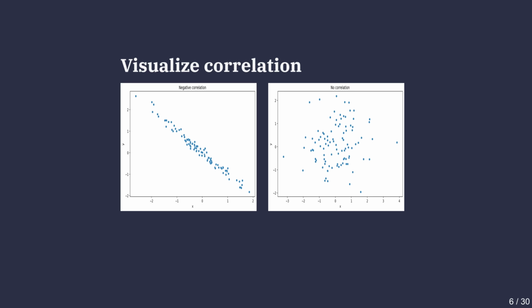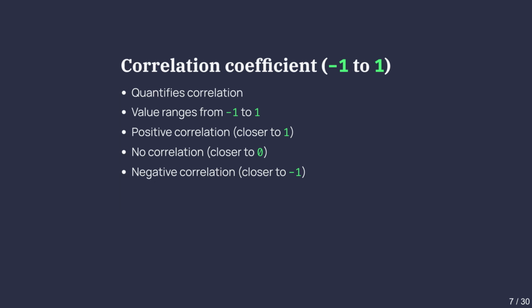So, how do we quantify correlation? We can quantify the correlation between two numeric variables using a parameter called the correlation coefficient. The value of the correlation coefficient ranges from -1 to +1. If the correlation coefficient is close to +1, it means a strong positive correlation.